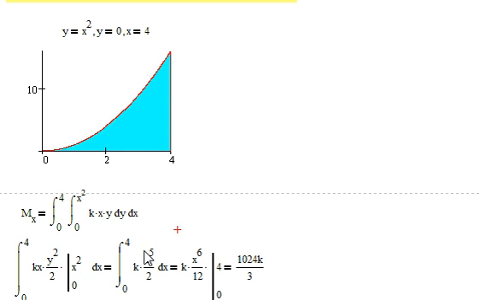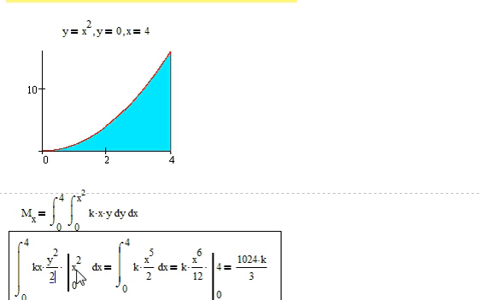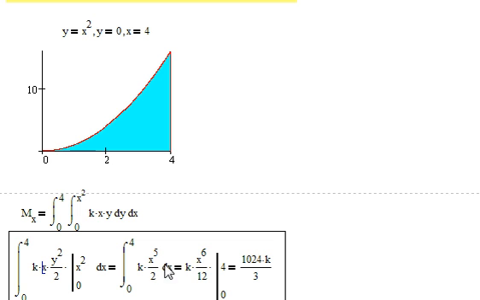And so this is a doable problem. Integrating this, y squared over 2, with y going from 0 to x squared, we wind up with k times x squared squared, which is x to the 4th, times this other x here, makes it x to the 5th.